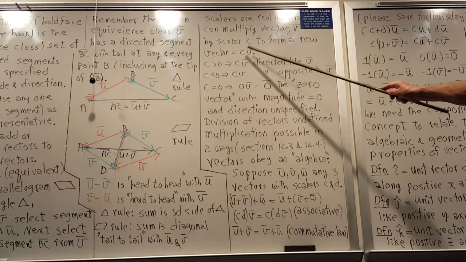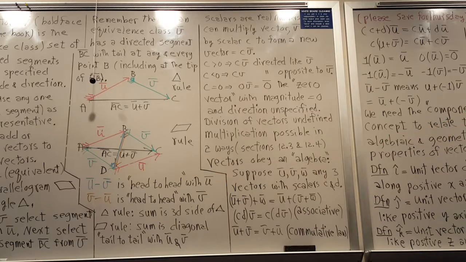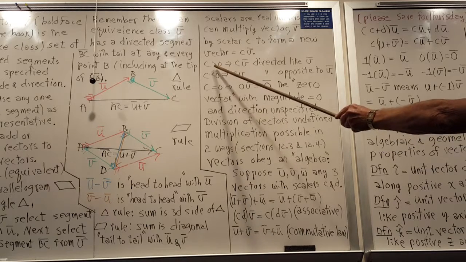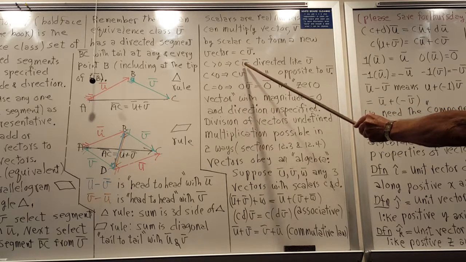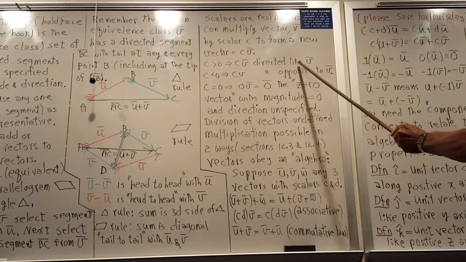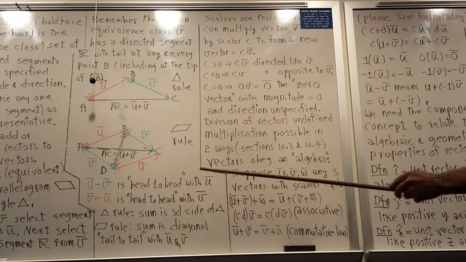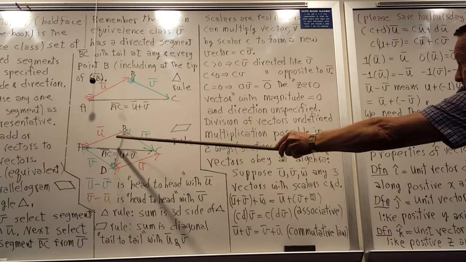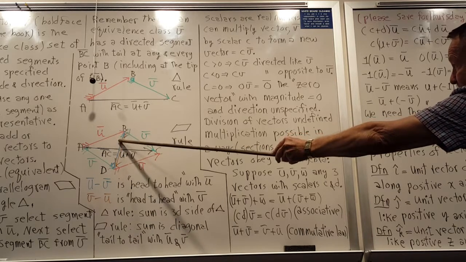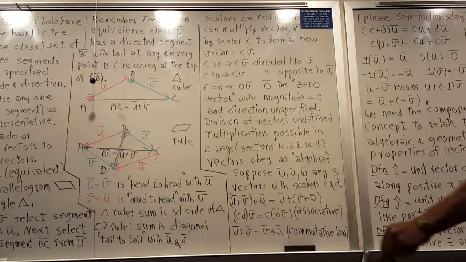So if C is 2, then this would be 2V, and it's going to point like V but be twice as long, and so on. If C is positive, then CV is directed like V, and if it's negative, it's opposite, like minus 1 times the blue one would be the orange one, or you can say it the other way around, of course.